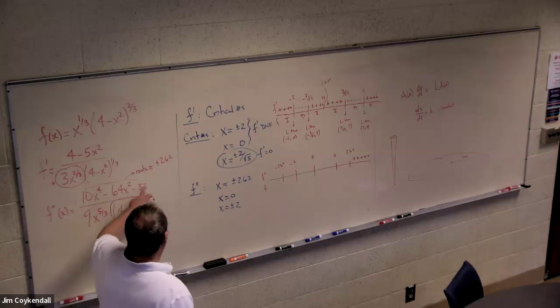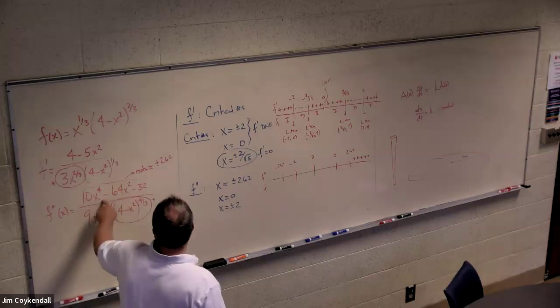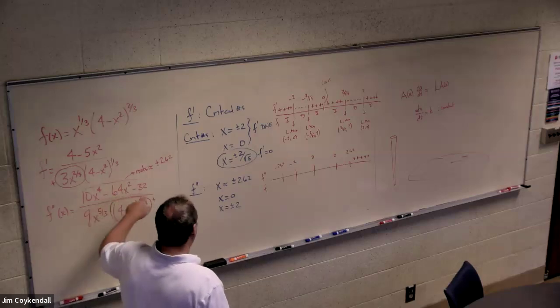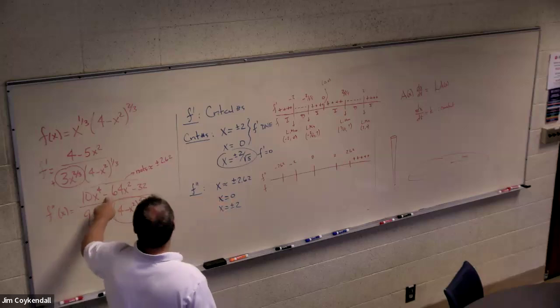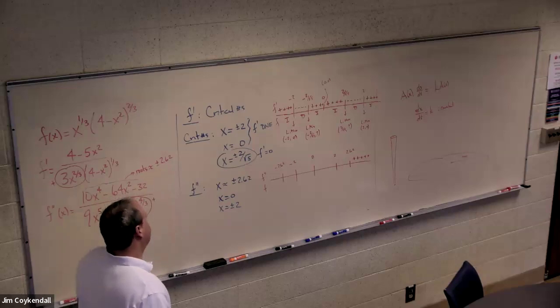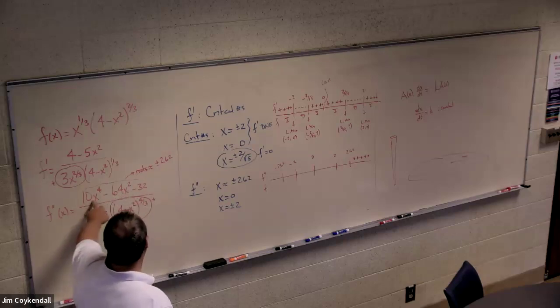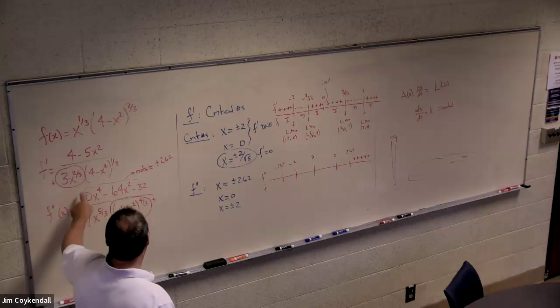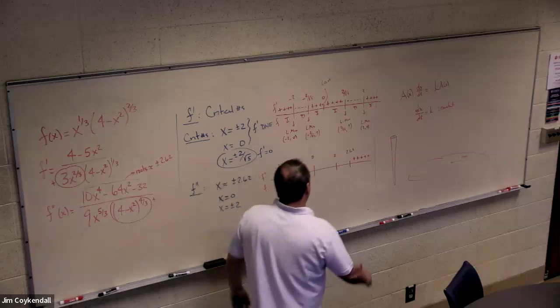Well, since 2.62 is the root of this, it now becomes negative, right? Because it was positive for large values, and it passes over this single root. You can test something like 2.5. This comes down to negative. It's negative, positive.